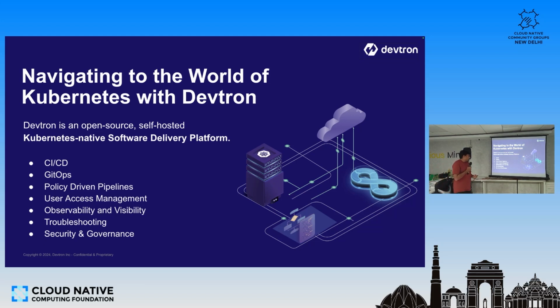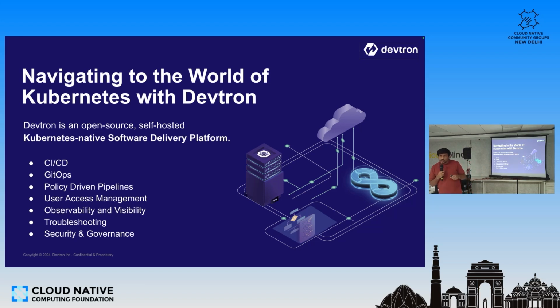Similarly, when it comes to observability and visibility, Devtron allows you to deploy Helm applications where you can deploy the Kubernetes stack for your application, configure the dashboards, and for each and every microservice, you can visualize the Prometheus metrics on the Devtron dashboard itself.